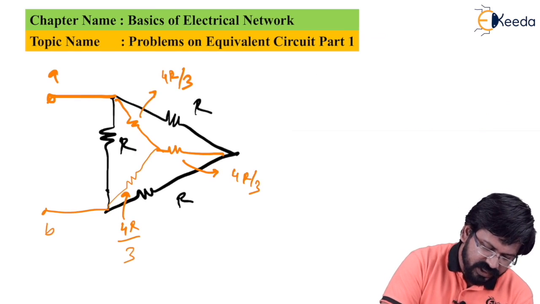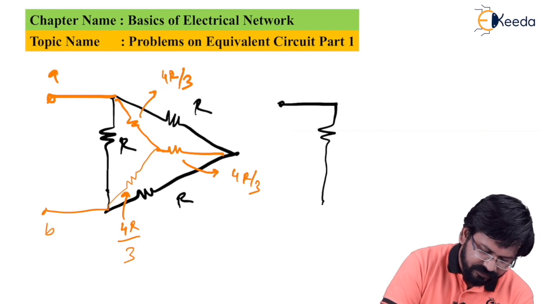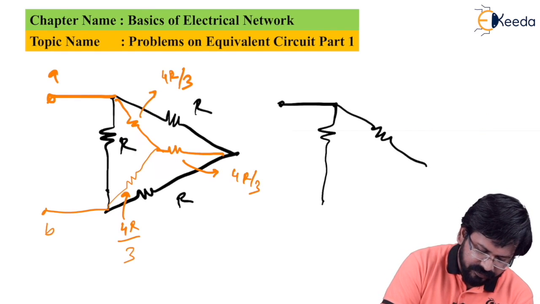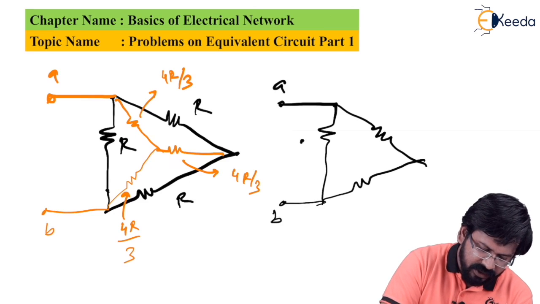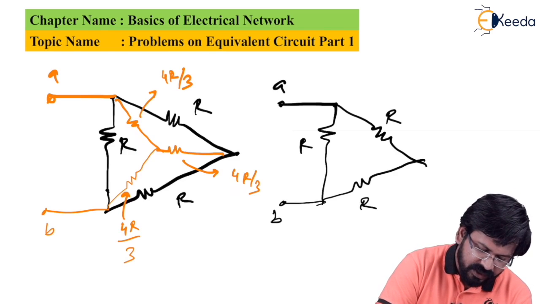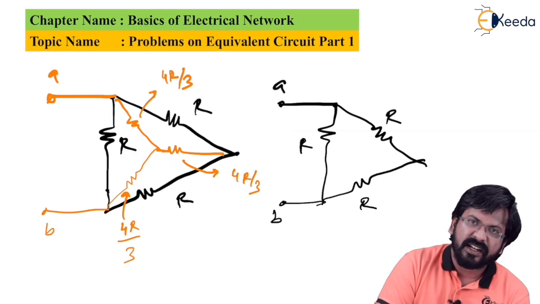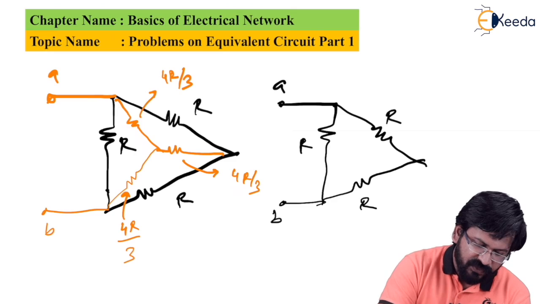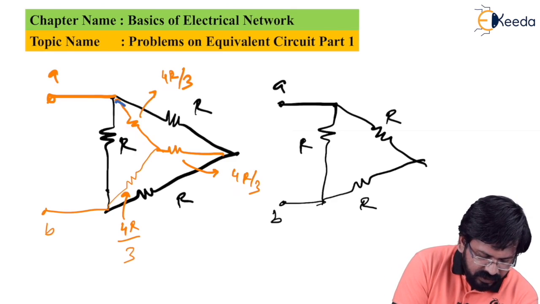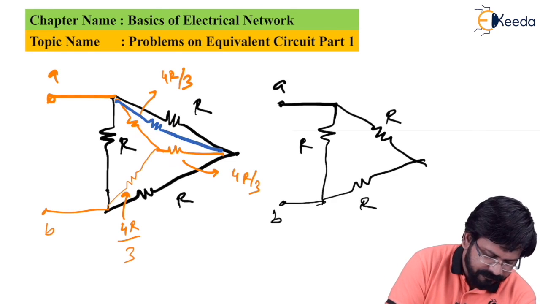Now we can redraw the circuit. A and B had this delta, all of them were R. Now this star gets converted into delta. Effectively, we have a delta present here.